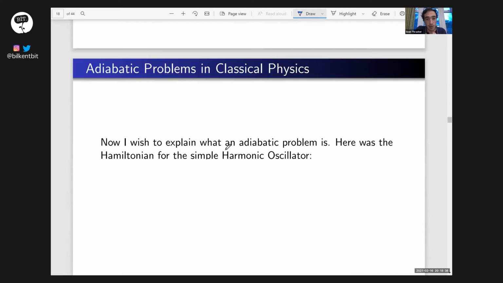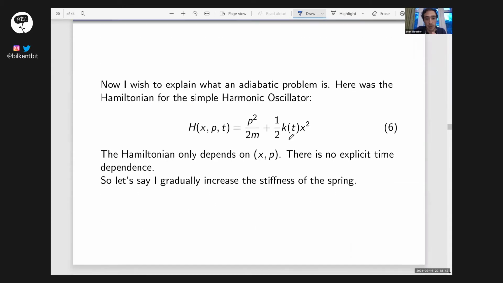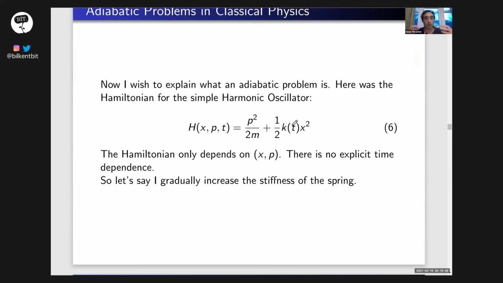Now imagine that I make my stiffness depend on time. So I'm making the stiffness grow gradually, okay? Now the question is, what would happen?